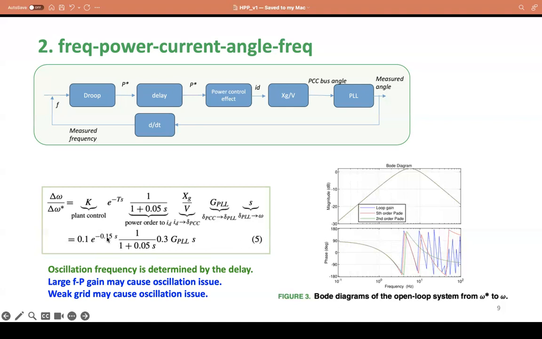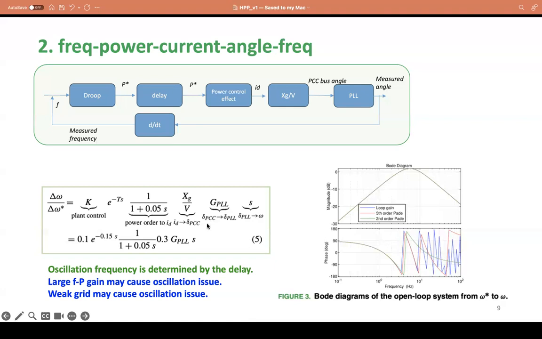For example, here it's the same thing, with a 150 millisecond delay. Previously we saw 2 hertz, and right now it is about 4 hertz phase shifting frequency. We just pay attention to the blue line, because the other one is the Padé approximation. They are pretty accurate in capturing the phase shifting. Again, if you look at this entire thing, once we have a phase shifting frequency, we want the gain to stay below 0 dB to have gain margin.